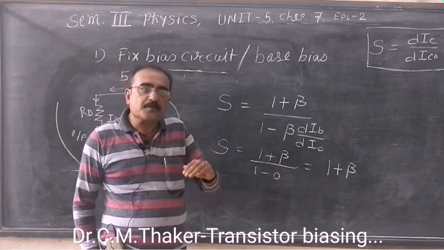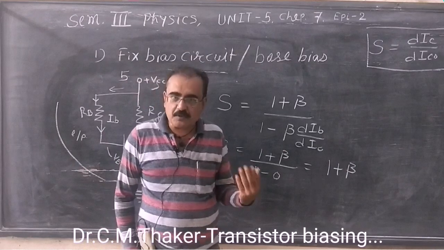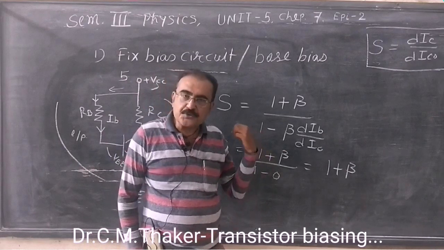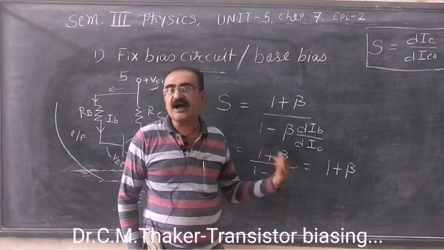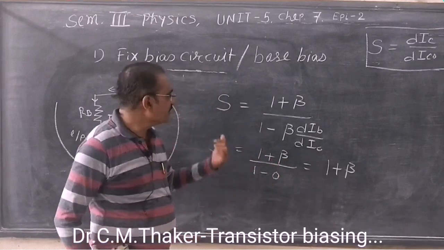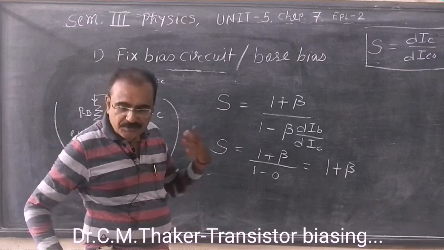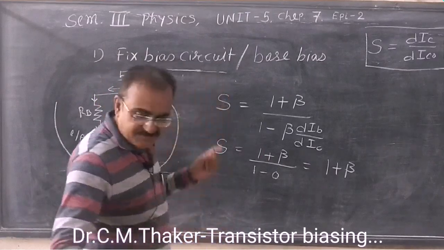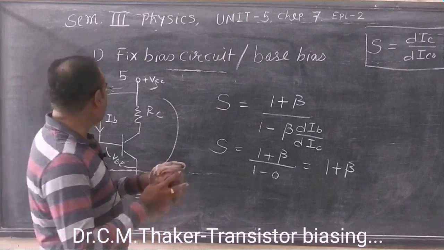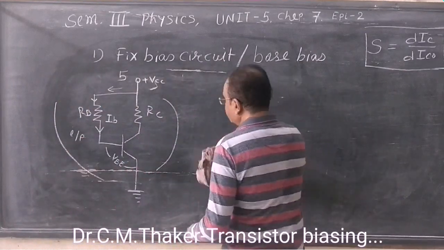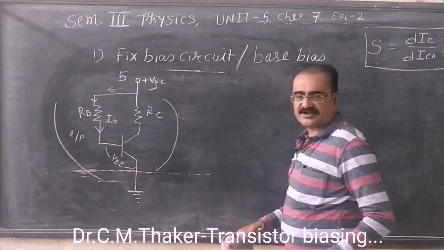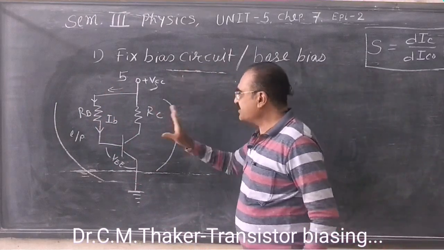But sometimes, for certain applications, it is used, and then the advantage and disadvantage are both attached to this circuit. So what will be the advantage? It is very simple to connect the circuit. You need only the RB resistance. Obviously RC is always there.